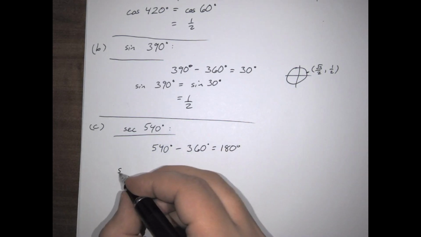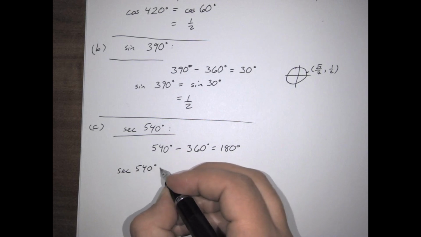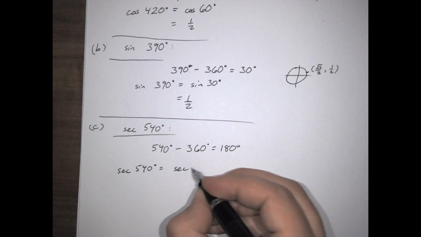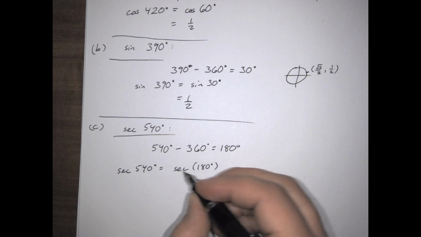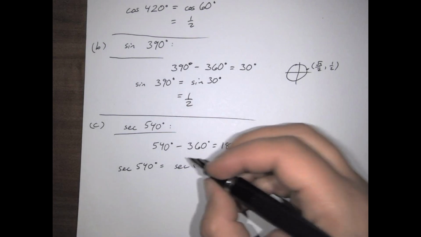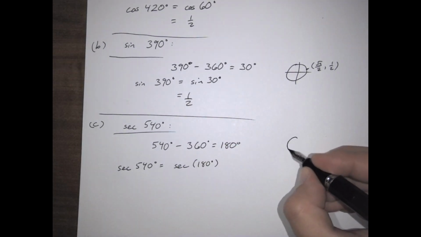So secant of 540 is the same as the secant of 180.